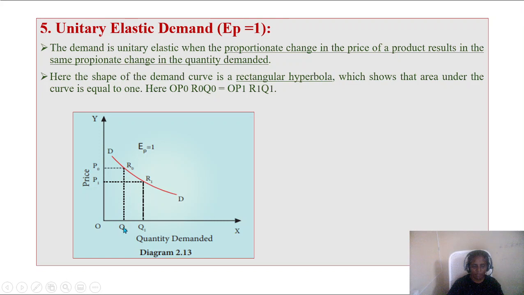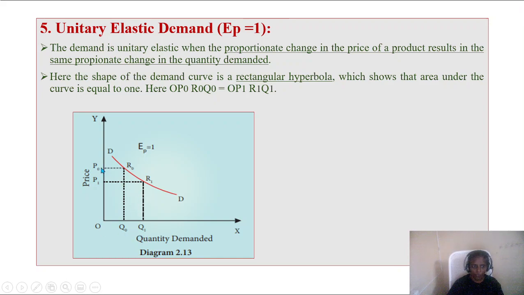The quantity demanded will increase proportionately, from 0 to Q1 level. That is, instead of purchasing 5 units, if the price decreases, the consumer will demand 10 units of the commodity.